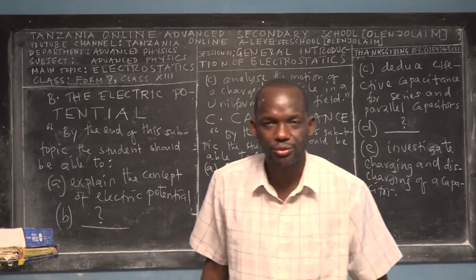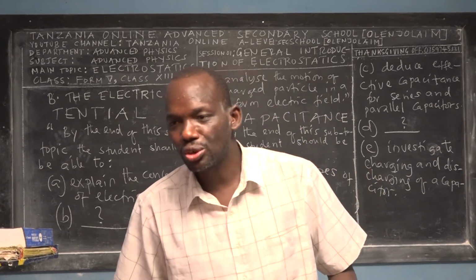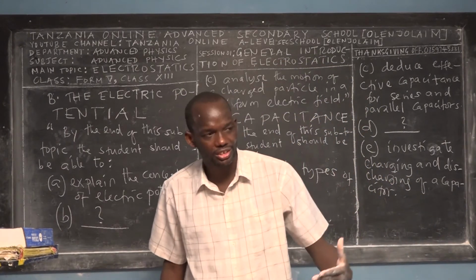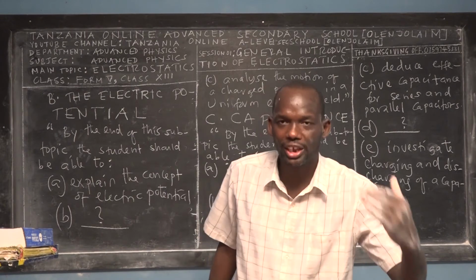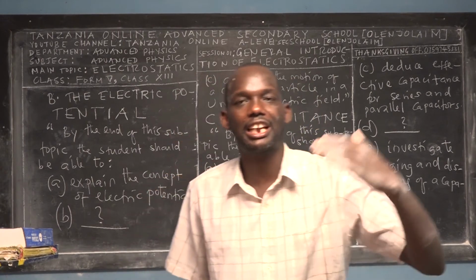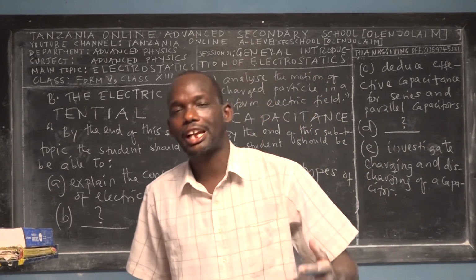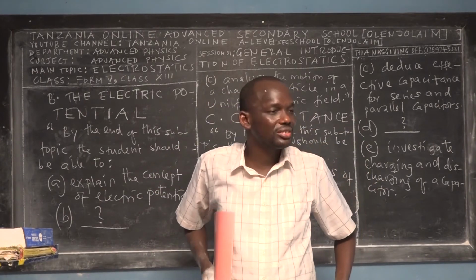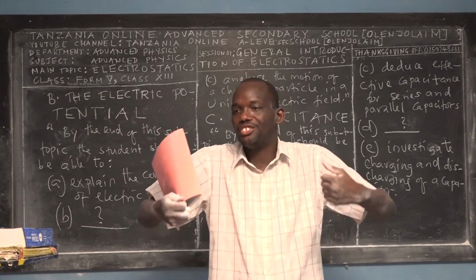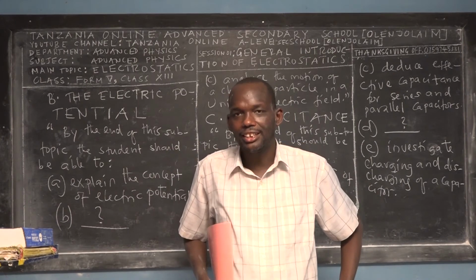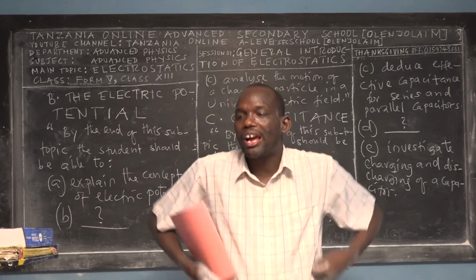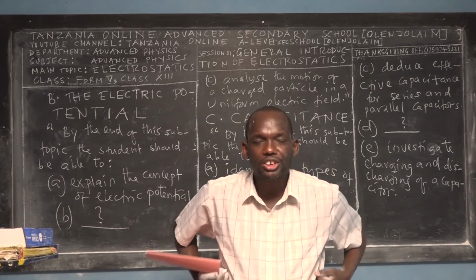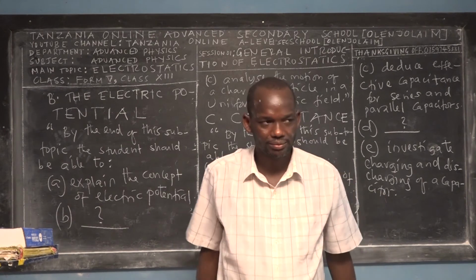A large percentage of them is to store charge. So in order for a capacitor to store charge, it has to be charged. That process we call charging a capacitor. It means that a capacitor is gaining electrons, right? It's gaining charge. And then in discharging, the capacitor is providing charge, using the charges being stored in it.